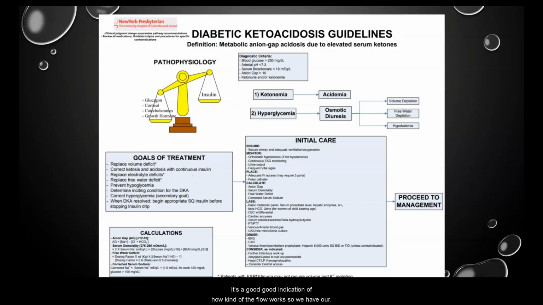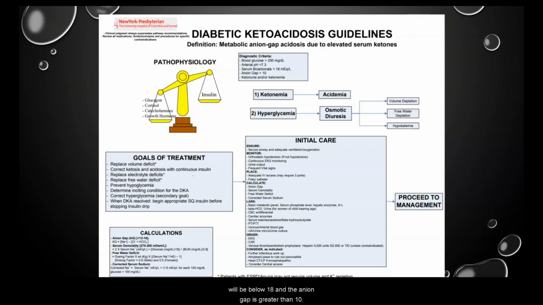So we have our diagnostic criteria. Your blood glucose level is going to be at minimum 250. A lot of times it's well into the 300s, 400s, even 500s. I've seen blood sugars in DKA as high as 600, 700. Your arterial pH is going to be below 7.3, and your bicarb will be below 18.